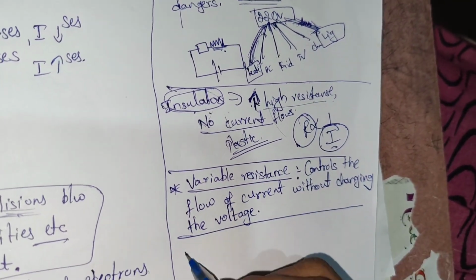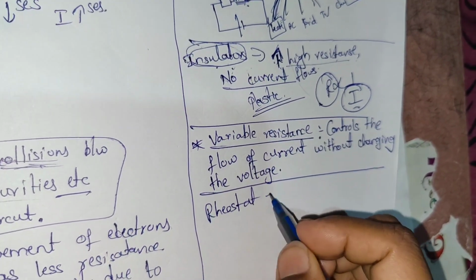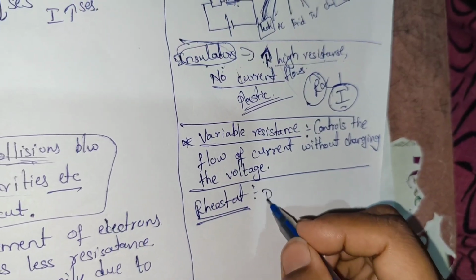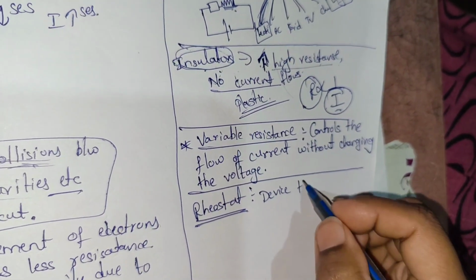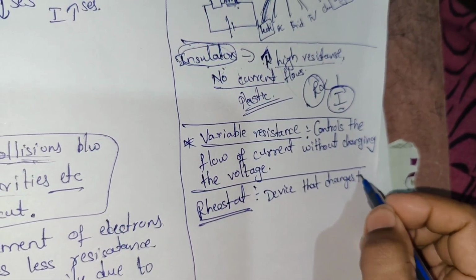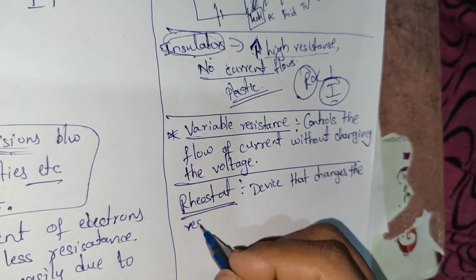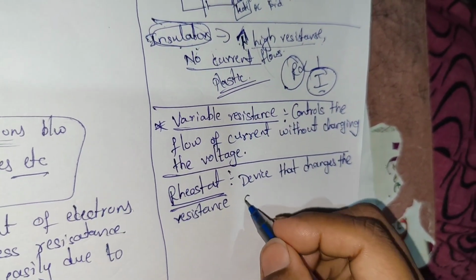Okay. Next one, rheostat. Rheostat is a device that changes the resistance of a circuit. Resistance changes means it may increase or decrease.